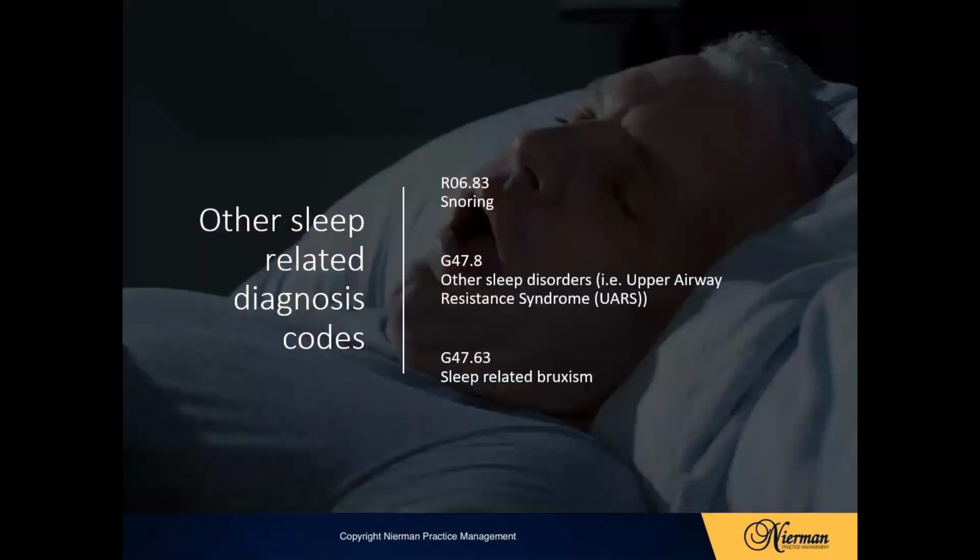There are other sleep-related diagnosis codes: snoring, other sleep disorders such as upper airway resistance syndrome, and sleep-related bruxism too. Now, typically, we're not seeing them pay on snoring because it's, again, not medically necessary. They have to have at least mild sleep apnea. But that doesn't mean there's not a code for that.